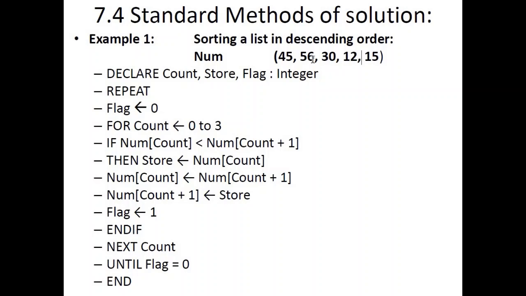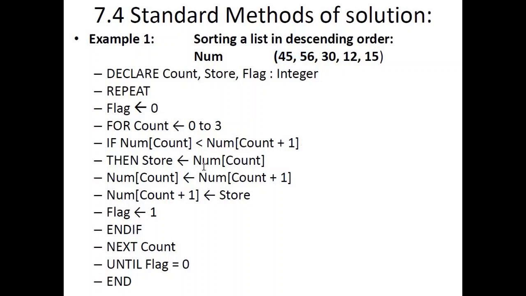For example, if 45 is less than 56, yes, it is less than 56, this is the first value, so this would be num 0. Num 0 is 45, and num 0 plus 1, means num 1, is this position, 56. So this would mean, is 45 less than 56? Yes, it is.